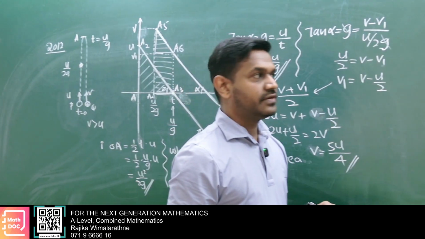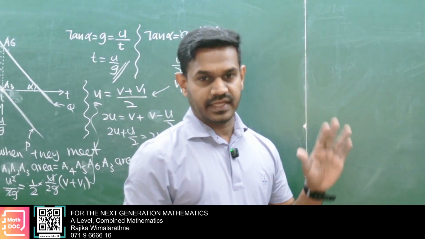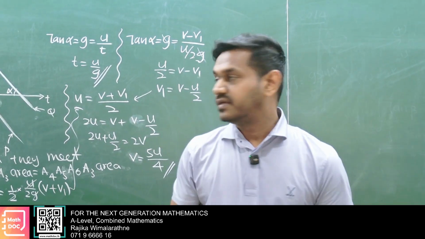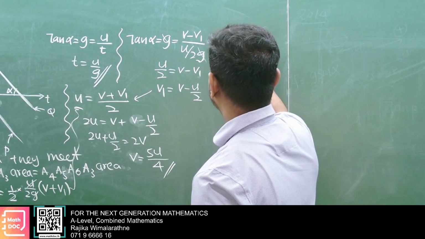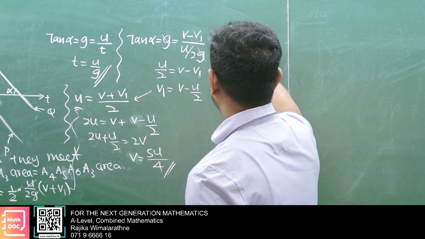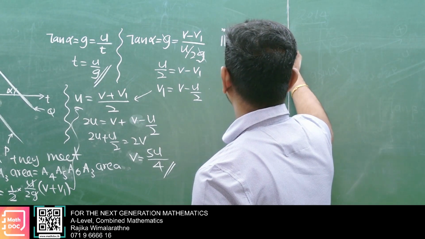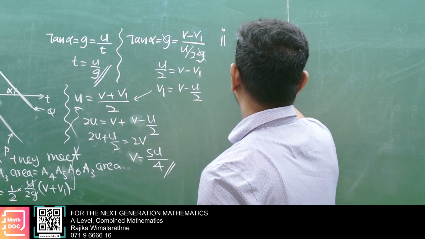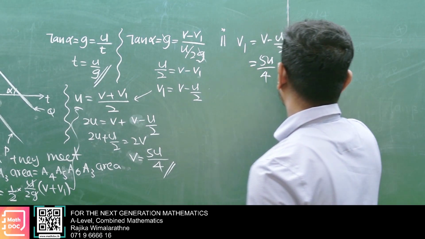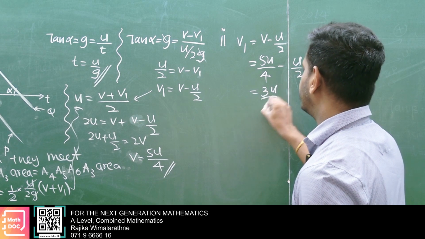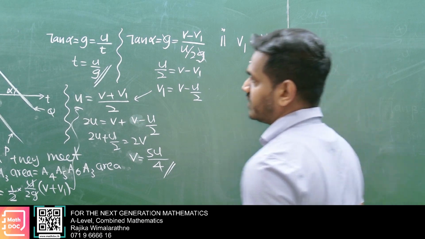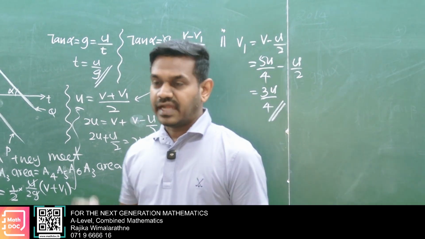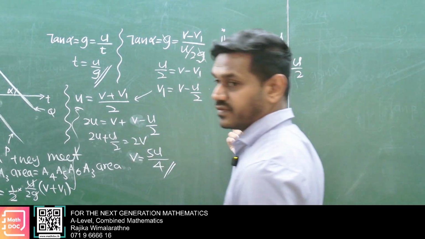Then we have to find velocity of Q when it is at A. That means V1 we have to find. V1 equal V minus U over 2. V is 5U over 4. Then 3U over 4. Here the velocity. No? When it is at A, we have to find velocity.